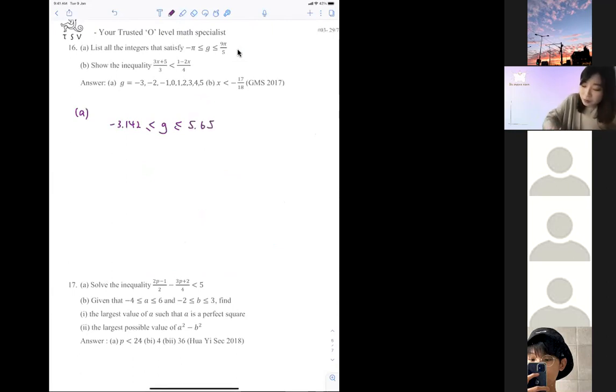So you want all the whole numbers in between this. Okay, very easy. So it's just minus 3, minus 2, minus 1, 0, all the way to 5, right? 1, 2, 3, 4, 5. Cannot be 6 because 6 is too big. Cannot be minus 4 because minus 4 is too small. So this is everything in the range.